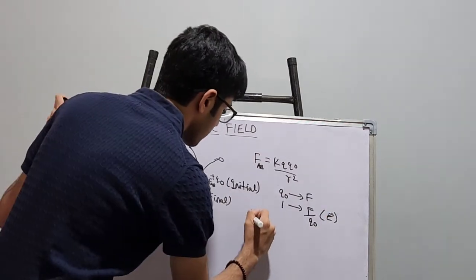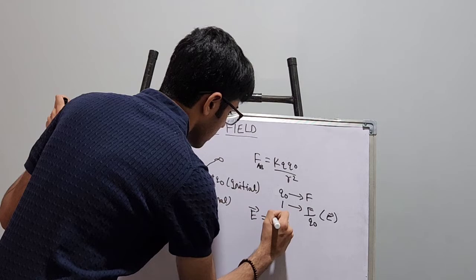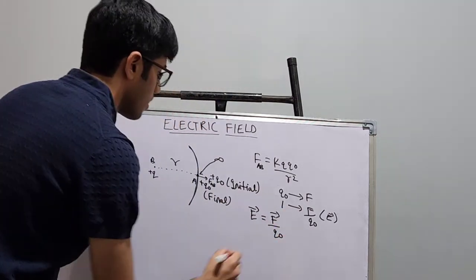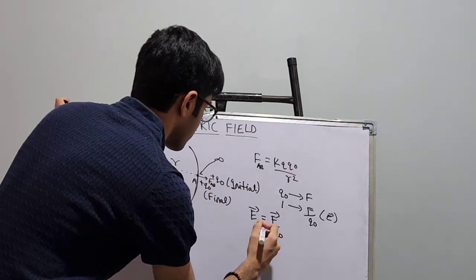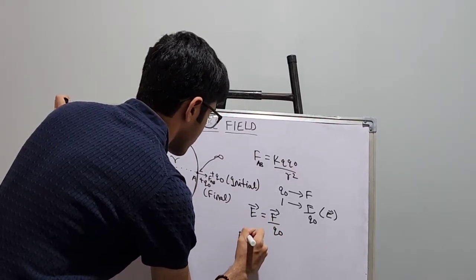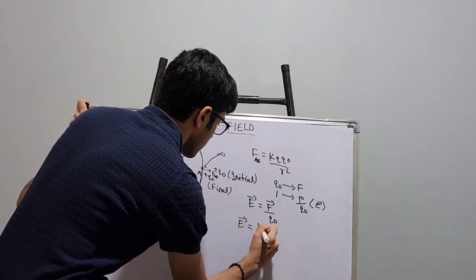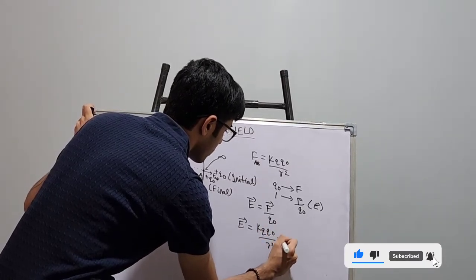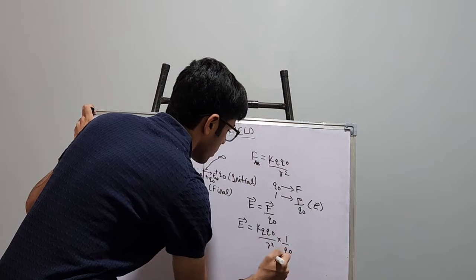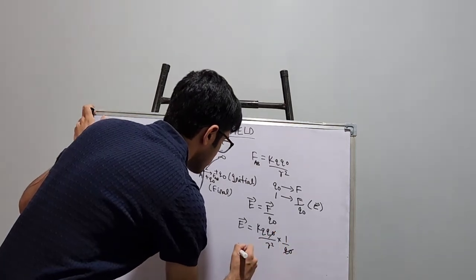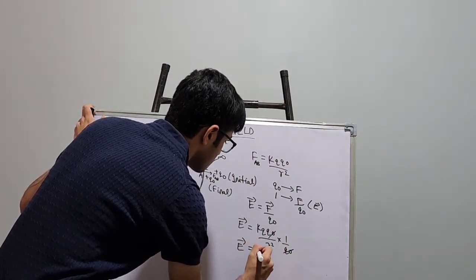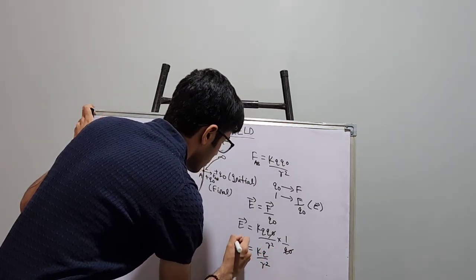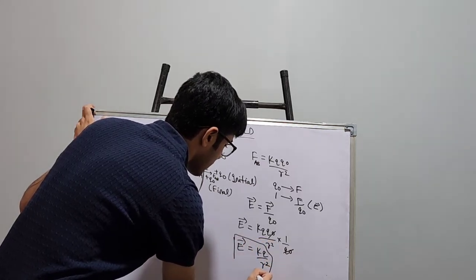So electric field is F upon Q naught, and this is in fact K Q over R squared into 1 by Q naught. Q naughts get cancelled, so electric field is equal to KQ by R squared. This is the formula for calculating the electric field.